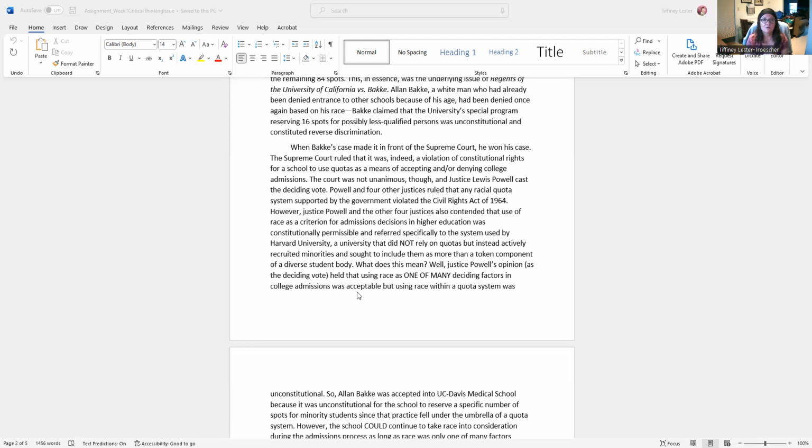And so the Supreme Court justices, these 5, were saying, it is a good thing to try to increase diversity. That is a good thing for the school. That is a good thing for the students. That is a good thing for the workforce. That is a good thing for our country at large. But you cannot use a quota system. It discriminates, right?